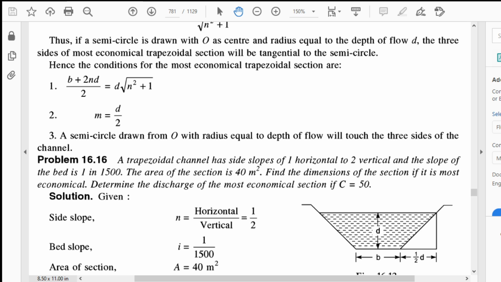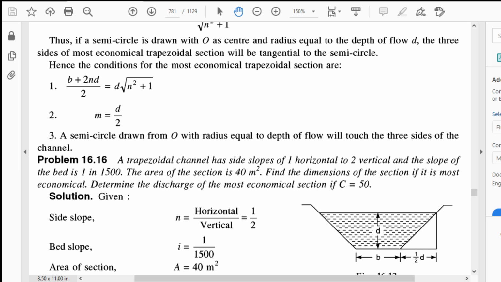This is all about the most economical rectangular channel section and the most economical trapezoidal channel section. Up to this, we have studied the conditions for the most economical rectangular section and the most economical trapezoidal section, and we have also covered the numericals for the most economical rectangular section.